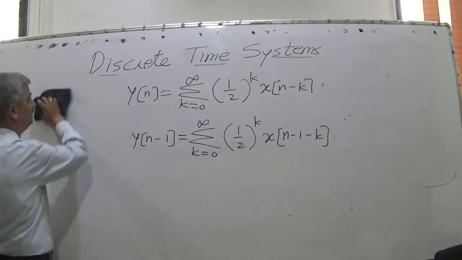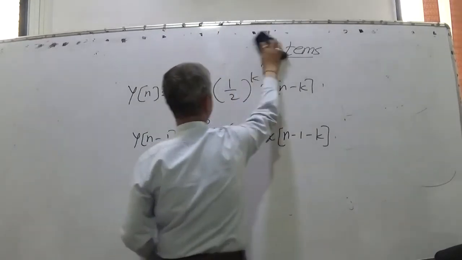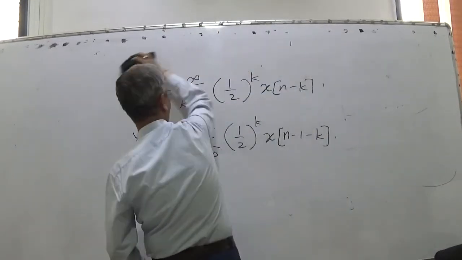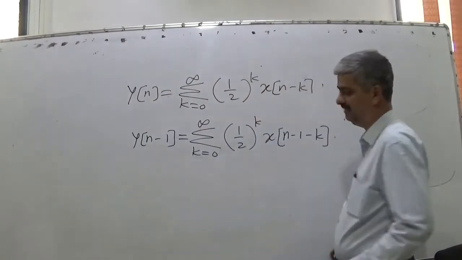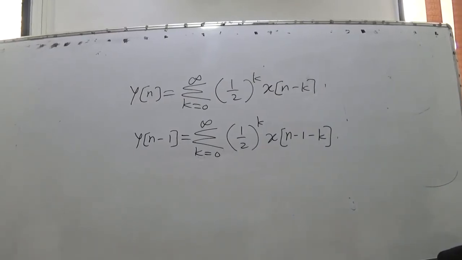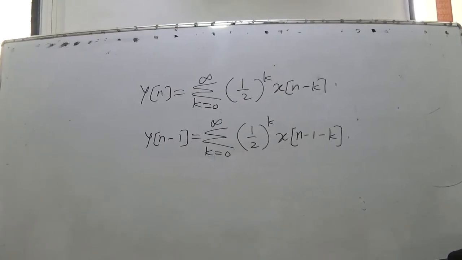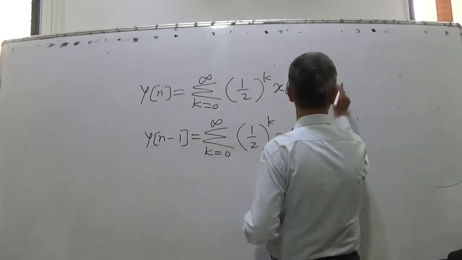So the issue is, what is available with us? The infinite term, non-iterative expression of Yn is available to us, and based on it, we need to convert it into a finite term iterative expression.